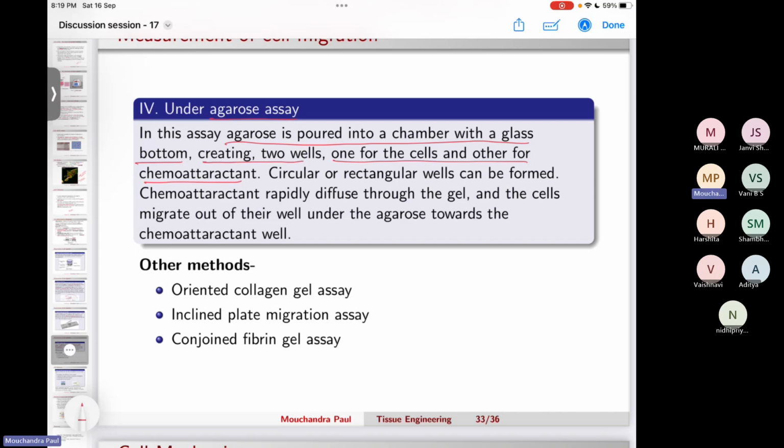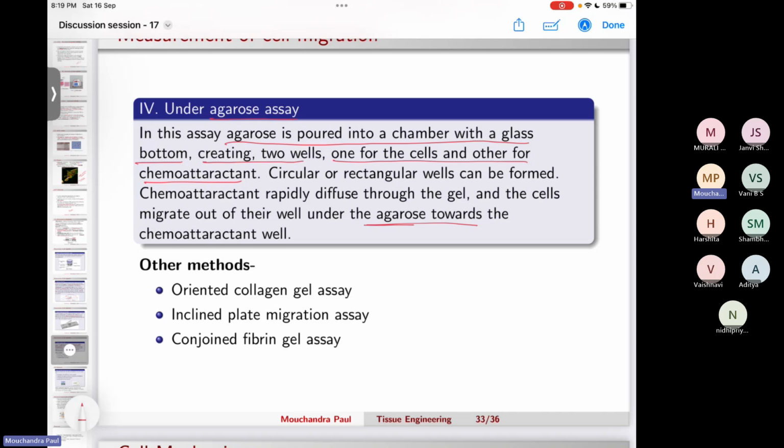The chemoattractant is basically a solution, and agarose is a hydrogel, so it can absorb water. This chemoattractant solution can diffuse through the gel and create a gradient. In the presence of this gradient, the cells present in the other well will migrate through the agarose and come towards the chemoattractant.